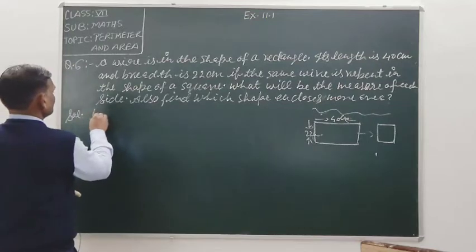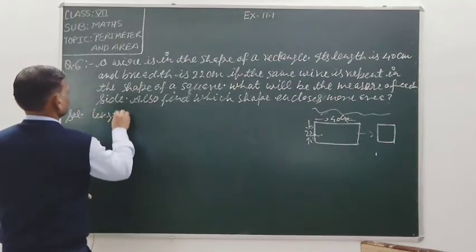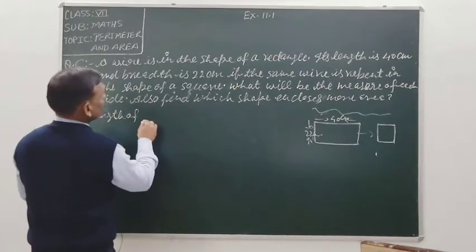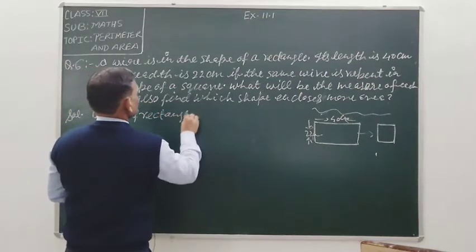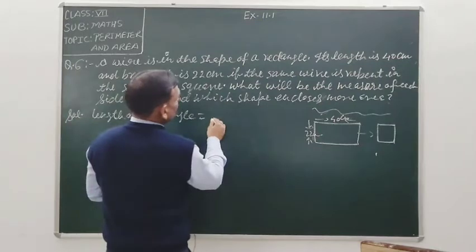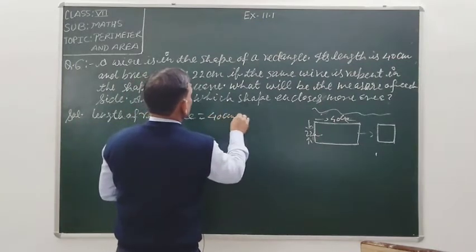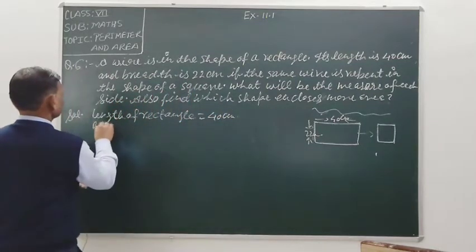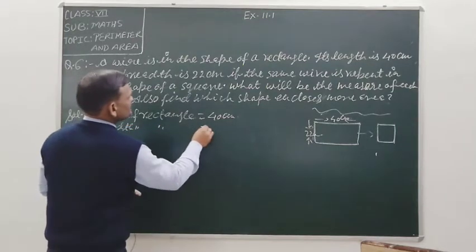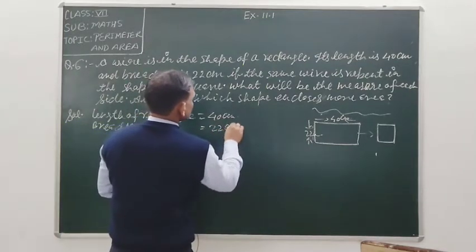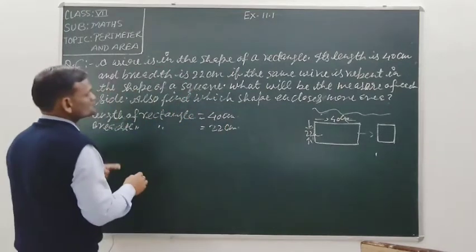Length given. Length of rectangle is equal to 40 centimeter and breadth of rectangle is equal to 22 centimeter.